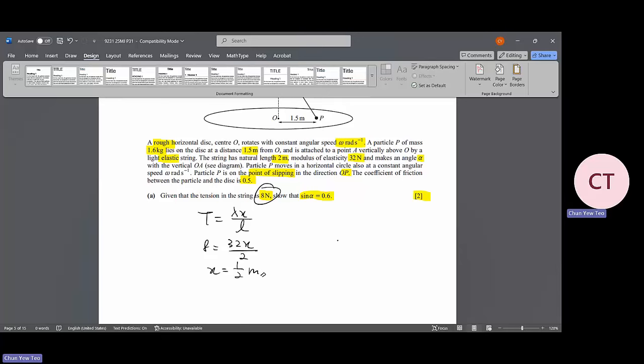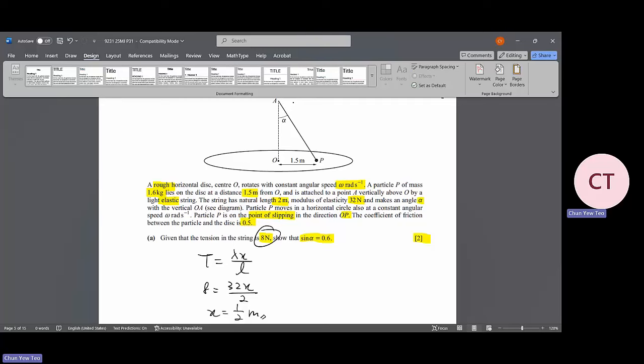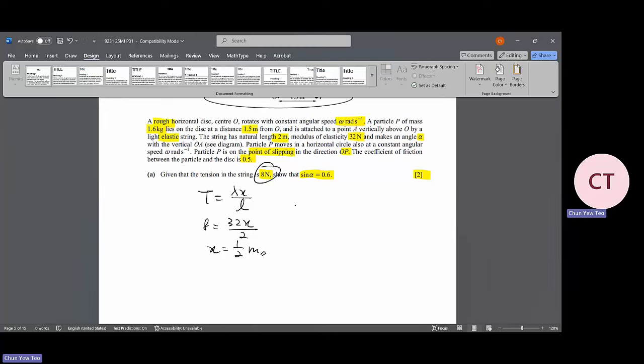Which means this hypotenuse length is L plus x, so it's 2 plus a half, which is 2.5. From here, maybe we can provide a diagram: 1.5, this one is L plus x, this is the alpha.